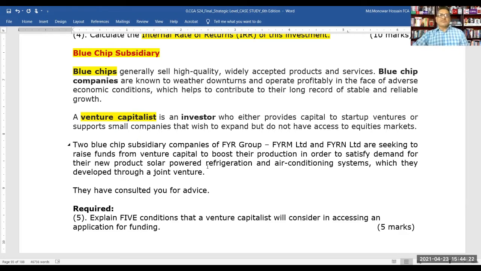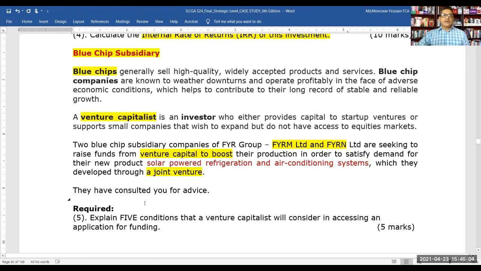Two blue chip subsidiary companies of FIR Group, FIRM and FIRN. So FIR Group has two blue chip companies that raise funds from venture capital to boost production in order to satisfy demand for their new product, solar power refrigeration. So there is a new product and an air conditioning system which they developed through a joint venture.